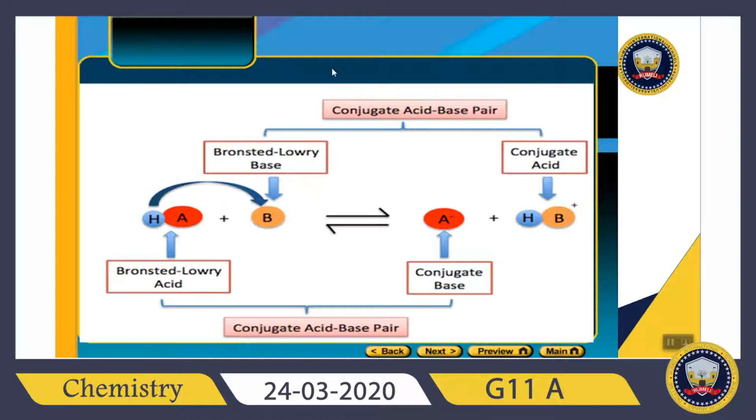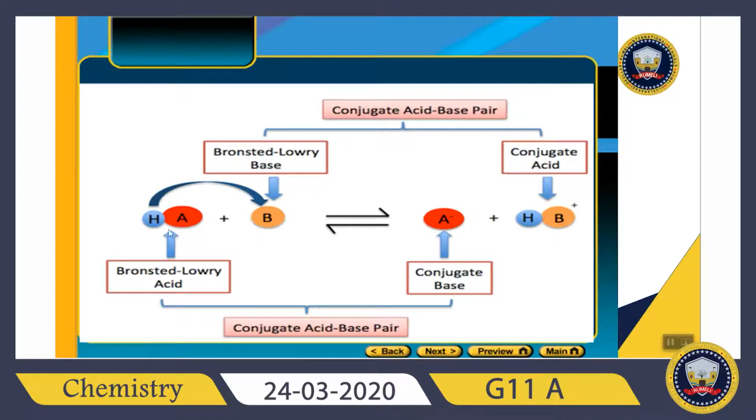Today we will highlight the Bronsted-Lowry theory, which explains the acid is the part of the reaction which donates a proton, and the base is the part of the reaction which accepts the proton.